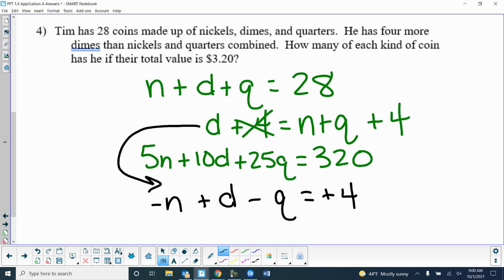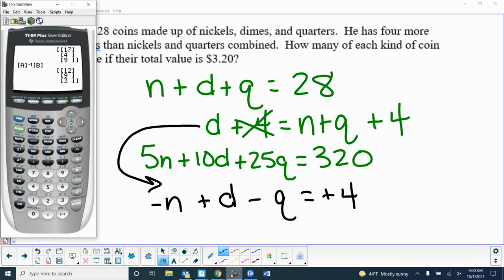All right, so go back in and edit. And I got 1, 1, 1 again. And I'll just make the green, this 5, 10, 25 my middle. I'll put this one at the bottom just because I moved it, all right? And then negative 1, 1, negative 1.